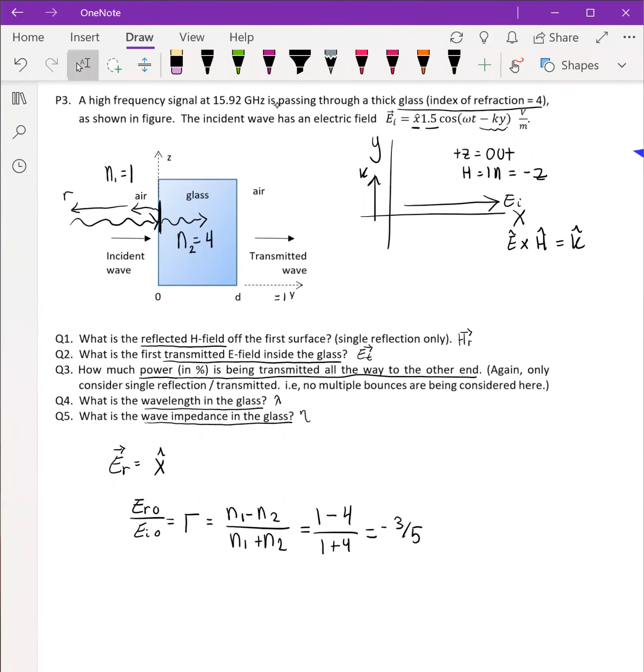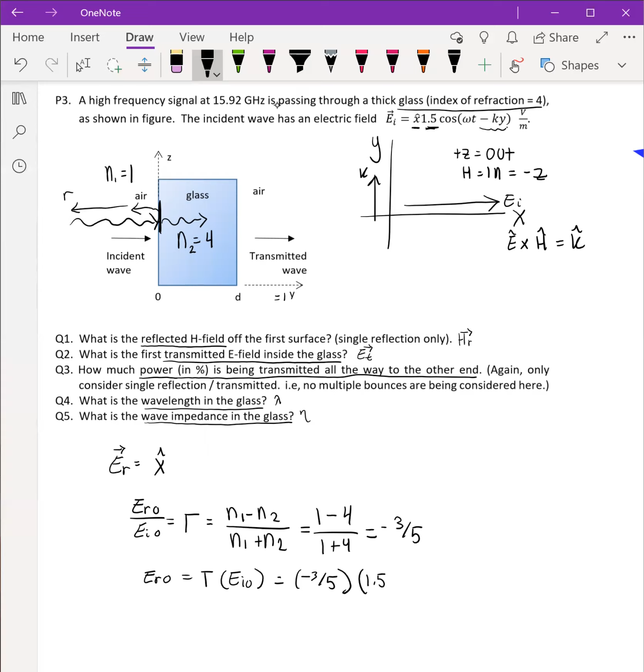So if we plug in minus 3/5 for gamma, we can solve for our reflected E field magnitude by multiplying gamma by our incident E field magnitude. So negative 3/5, and if we look at E sub I, we know the magnitude is 1.5.